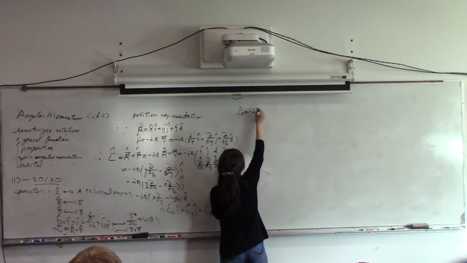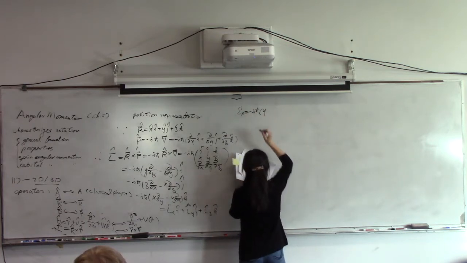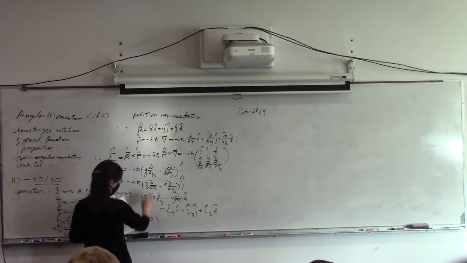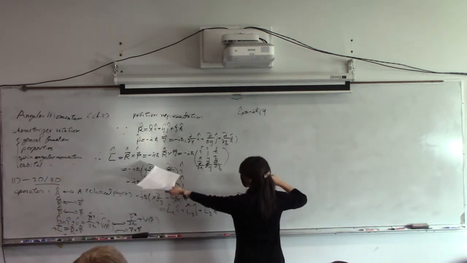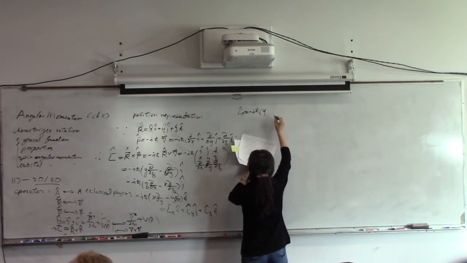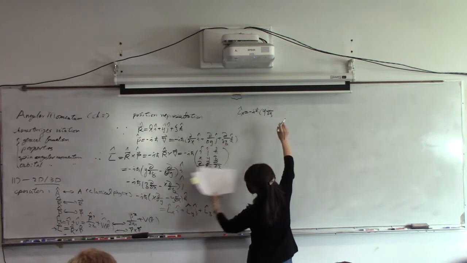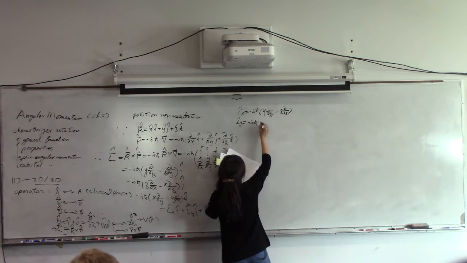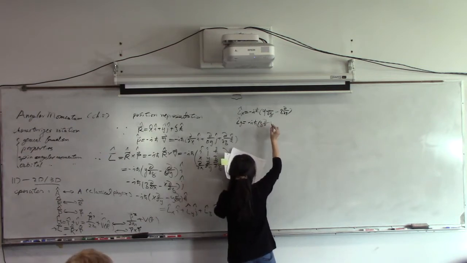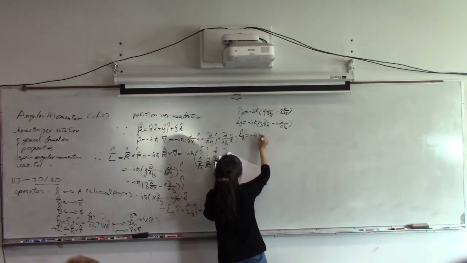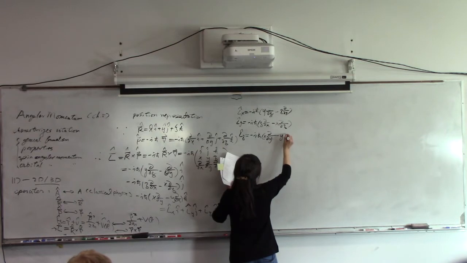Lx is minus i h bar (y partial z minus z partial y), Ly is minus i h bar (z partial x minus x partial z), and Lz is minus i h bar (x partial y minus y partial x).